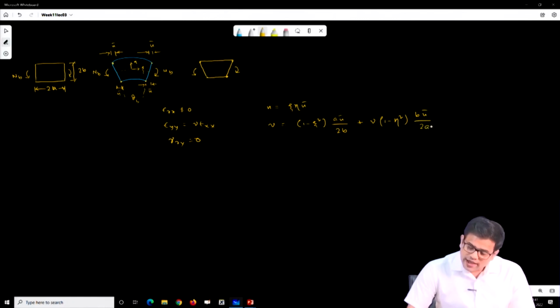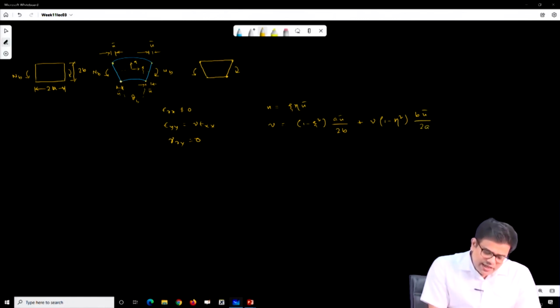So essentially this curvy nature is not present in the Q4 element, because if you remember, in the Q4 element the displacement I can simply write as u equals xi eta u bar and v is 0. This is for the Q4 element.